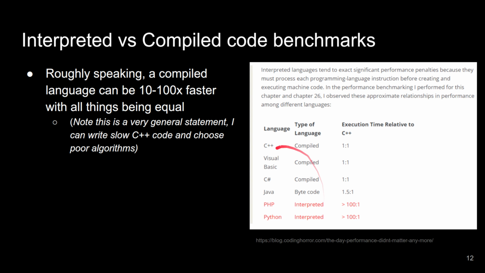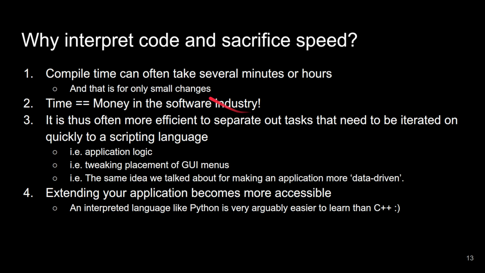Okay, so there are some trade-offs here that we have to understand with each tool, but by default, one of the reasons we've been learning C++ is because of its performance and ability to control performance. Even the stuff we learned last time, like std::move and move semantics, having those features available to move data around faster, it's really what C++ is all about. Okay, so again, why interpret code and sacrifice speed if I'm saying C++ is so great and so fast?